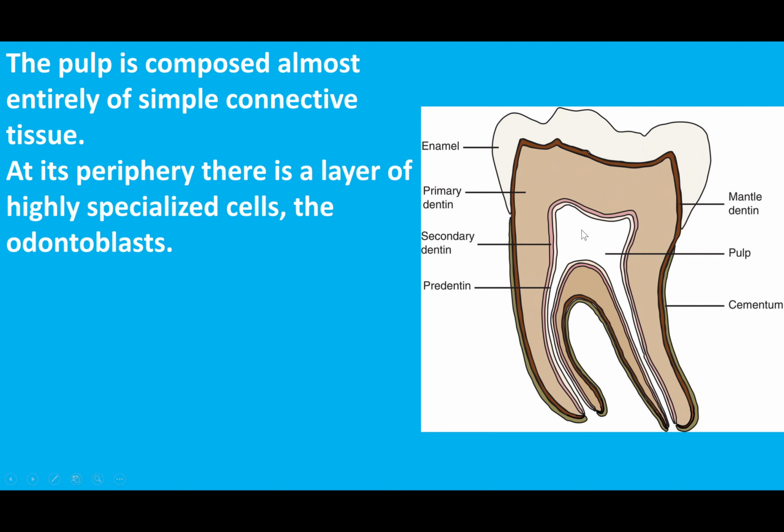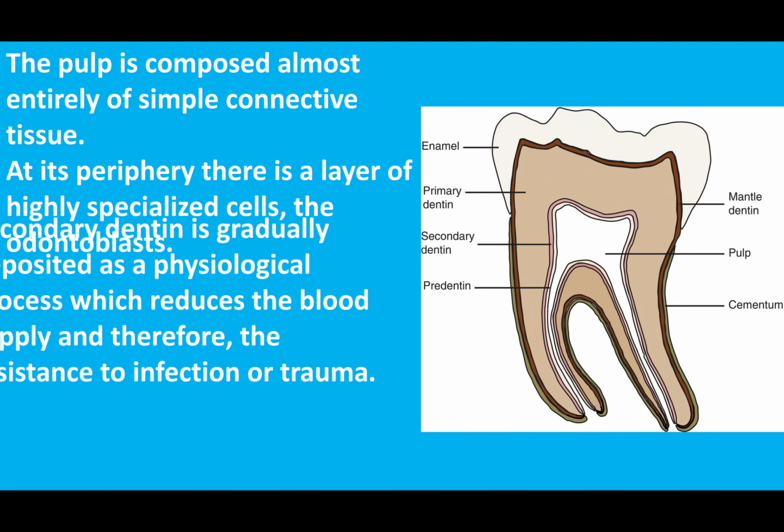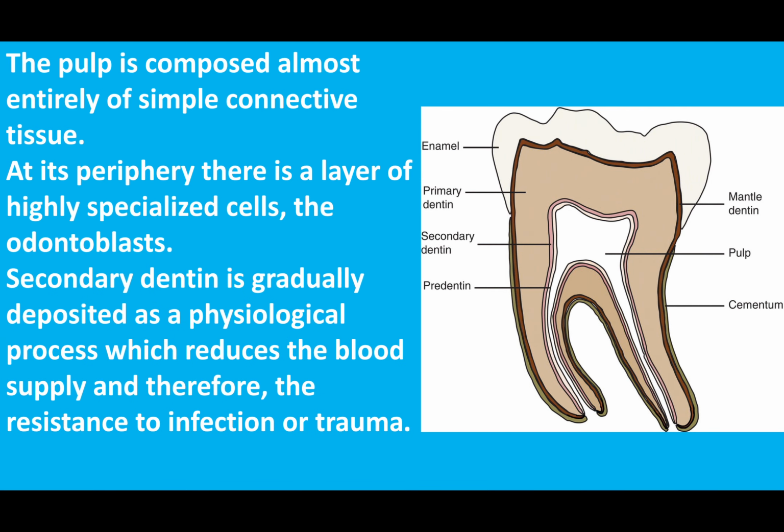Although the inside of the pulp is very simple connective tissue, at the periphery there is a layer of highly specialized cells, and these cells make it different from all the tissues in the body, because secondary dentine is gradually deposited by the odontoblasts, that are specialized cells of the pulp, as a physiological process which reduces the blood supply and therefore the resistance to infection or trauma.